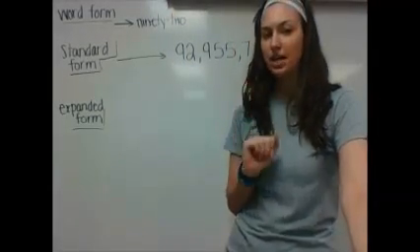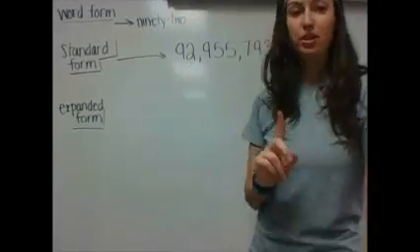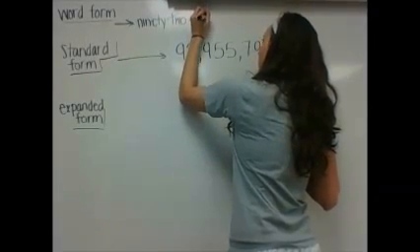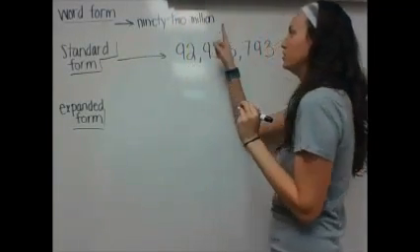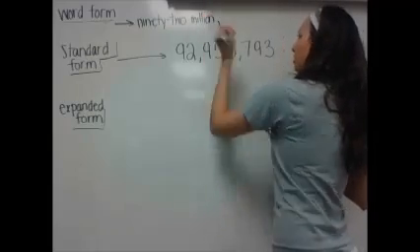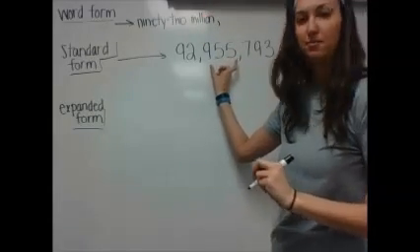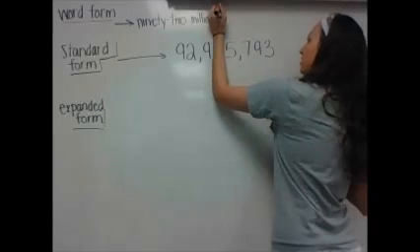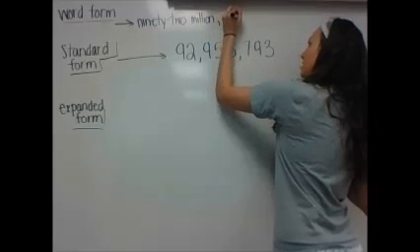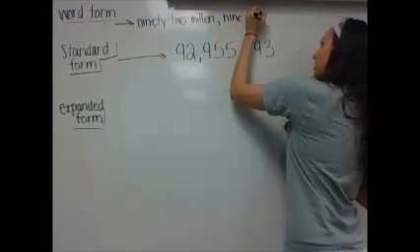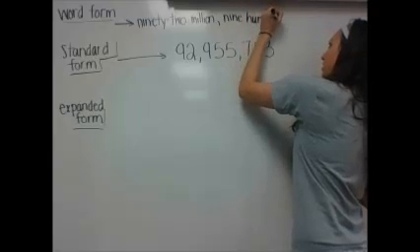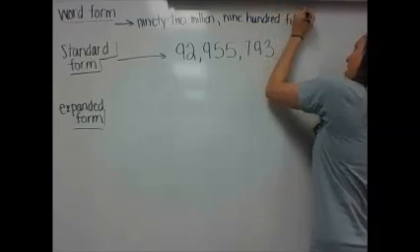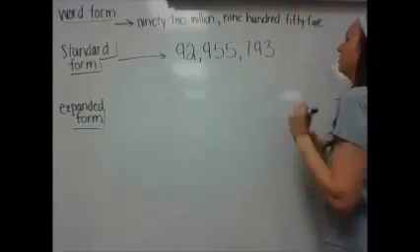92, what spot was that in? This one was the millions. So 92 million, comma, we're going to start our next period. 955, so 900 55, and we have to hyphenate that 55.